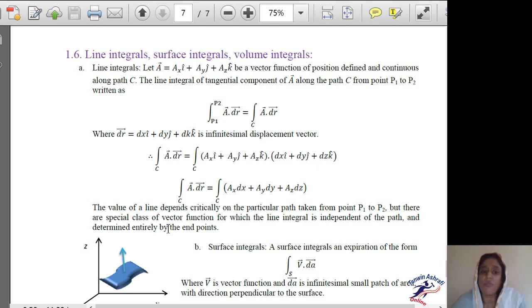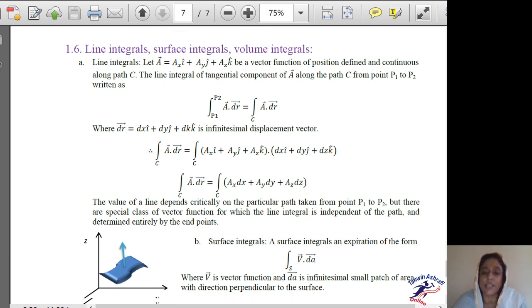The value of a line integral depends critically on the particular path taken from point P1 to P2. But there are special cases of vector functions for which the line integral is independent of path and determined entirely by the endpoints, as we have seen in the fundamental theorems of gradient, divergence and calculus.